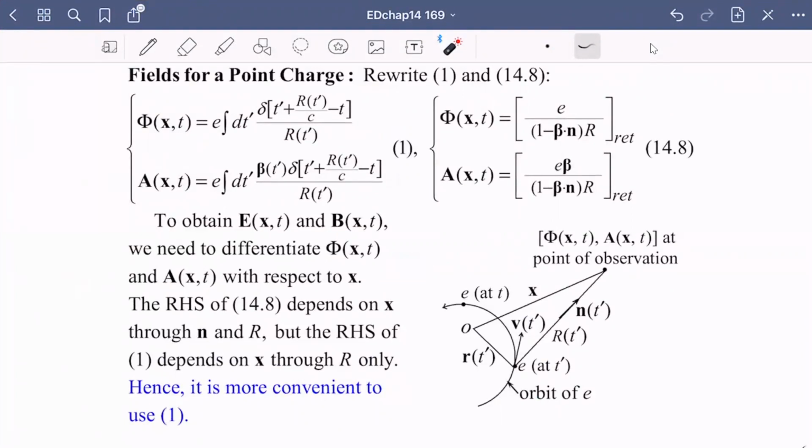To obtain E and B, we need to differentiate phi and A with respect to x and t.